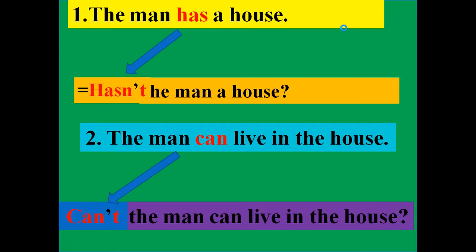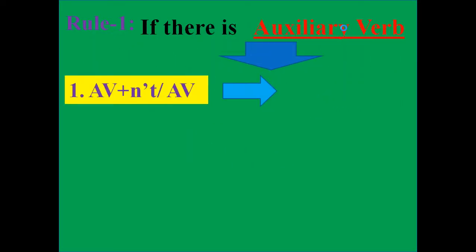So, dear students, already you have guessed in negative sentences. So, now what is the rule? Rule 1: if there is an auxiliary verb in affirmative sentences, use auxiliary verb plus not, if there is no not.